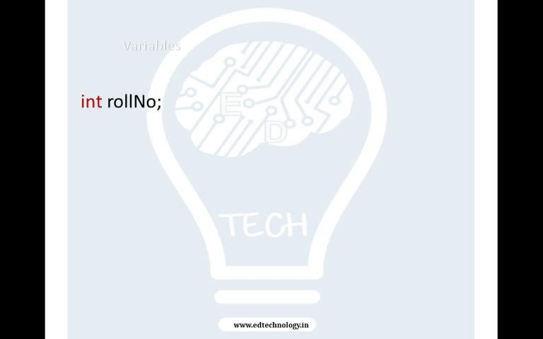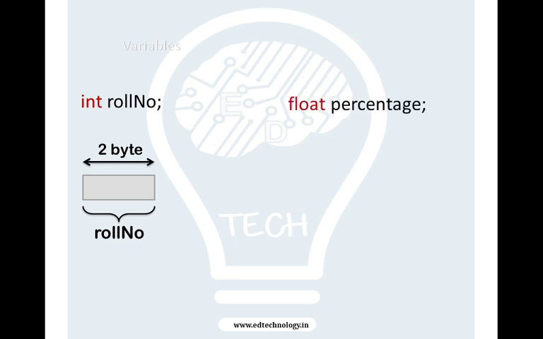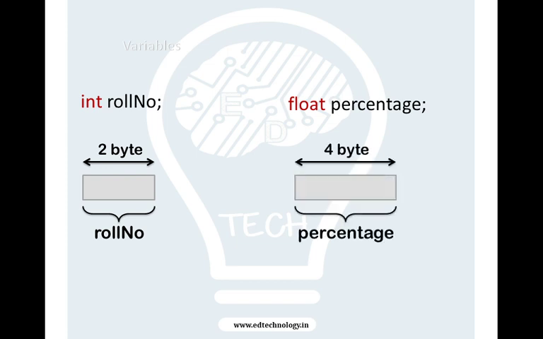If you remember the syntax, we have the data type and the name of the variable, and as we have seen in pointers, a memory block is assigned and we store the value according to that block. Because this is an integer, we have a fixed size which is 2 bytes, and we store the value. If the same variable is float, then we have a block of 4 bytes.